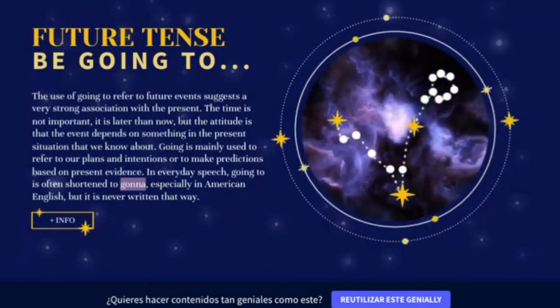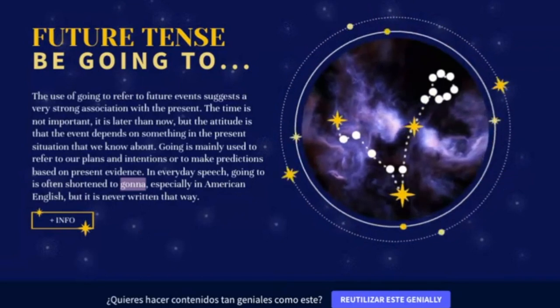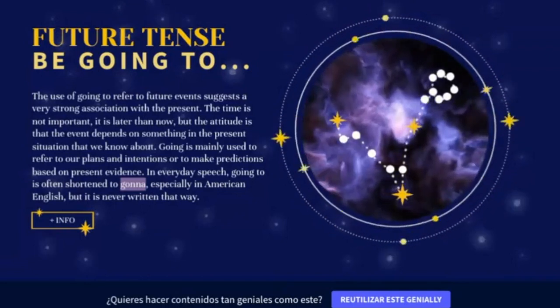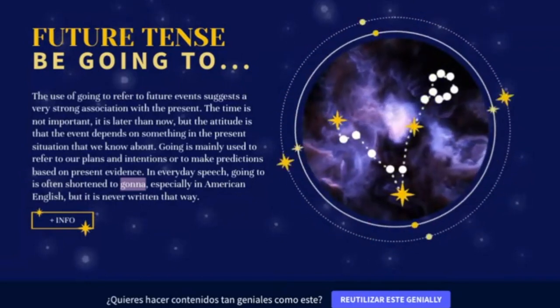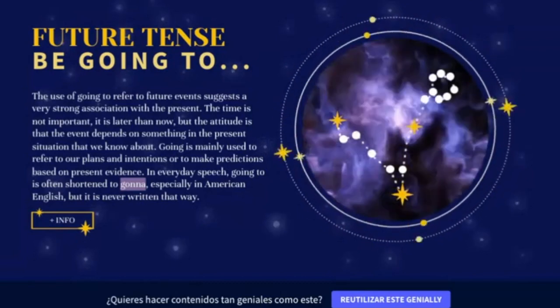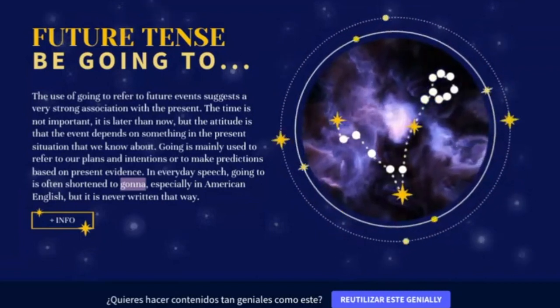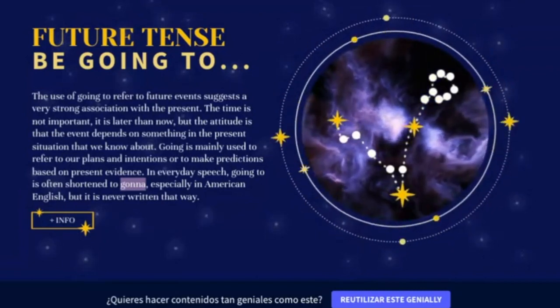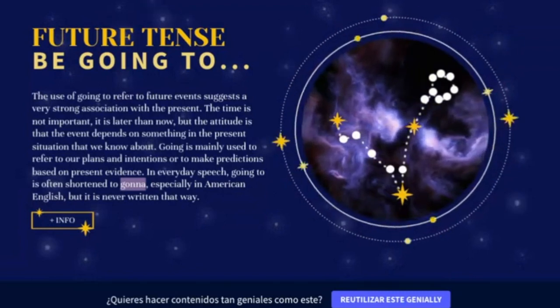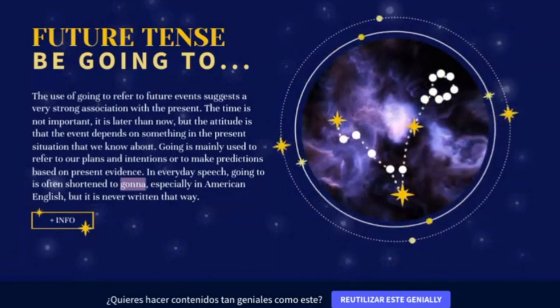Mientras no lo escribas, está bien. Se queda así, I am gonna eat a sandwich. I am going to eat a sandwich. I am gonna eat a sandwich. Cualquiera de las dos es correcto. Solamente dicho, no escrito. Ok, gracias, teacher.